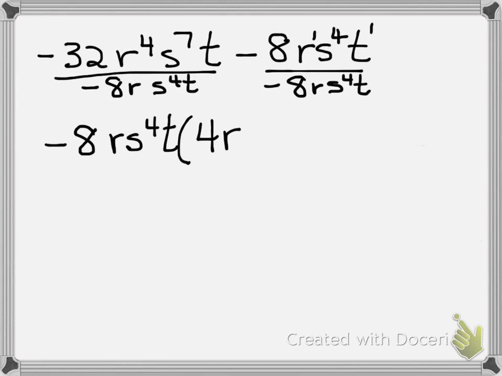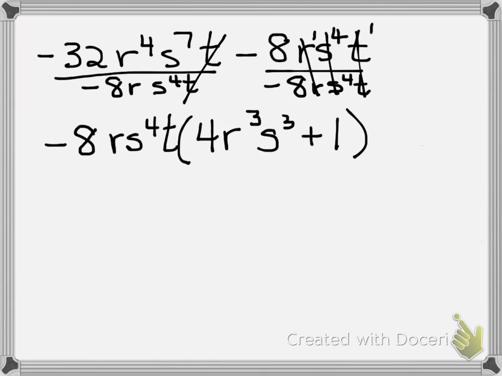Subtract the exponents just on the r's first, then our s, subtract the exponents, and then there would be no t because the exponent is the same. Then negative 8 divided by negative 8 is positive 1. R's cancels out, s cancels out, t, that's it, just plus 1.